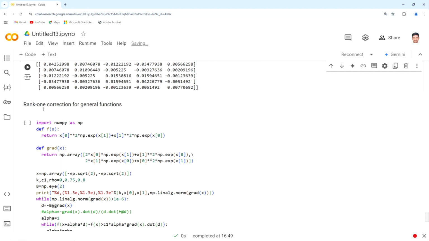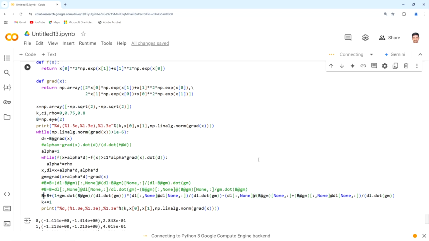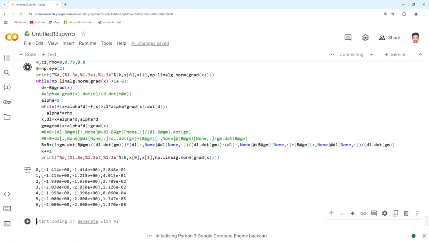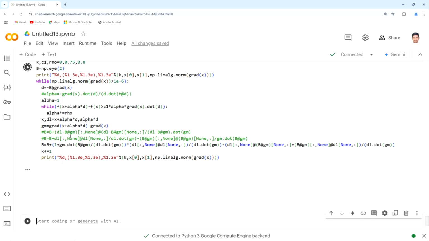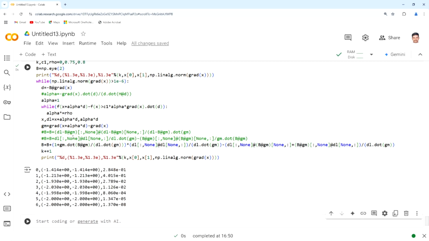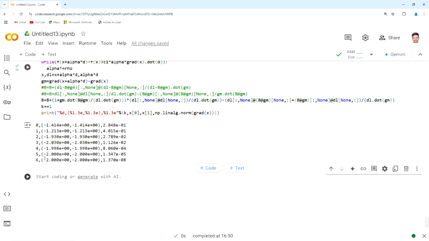Comment this out, and note that I have started with minus root 2 to see if BFGS gives us a respite. We see that it is ending up at the same problem.